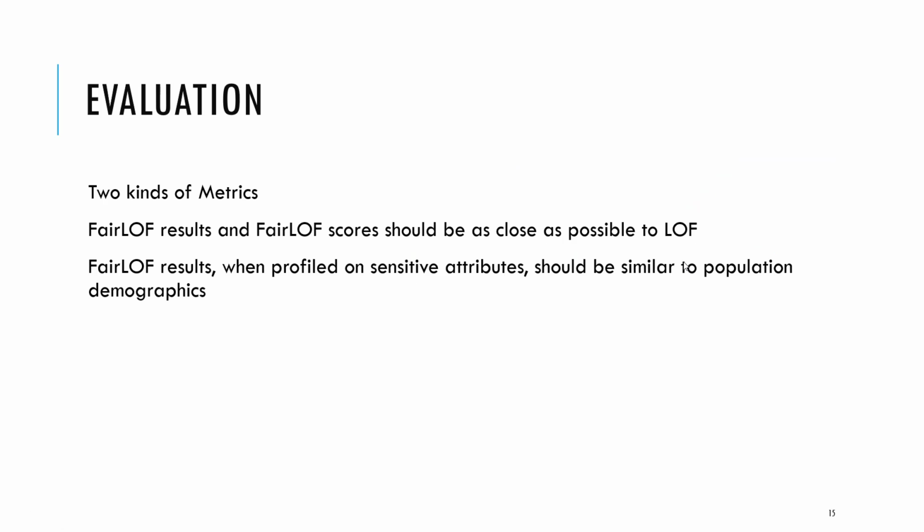So for evaluation, we look at two kinds of metrics. One is the fair LOF results, and the fair LOF scores should be as close as possible to LOF. We don't want to deviate too much from the raw LOF scores. That is the quality condition, and in the second one you look at the fairness condition. How much fairer are you making the outlier detection results as measured on these sensitive attributes?